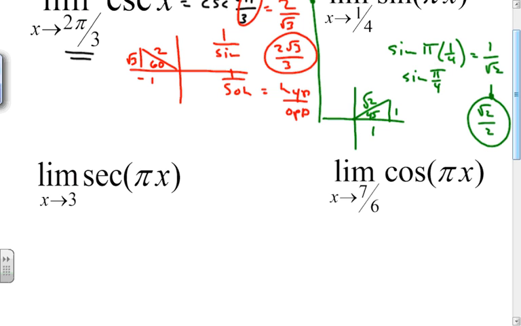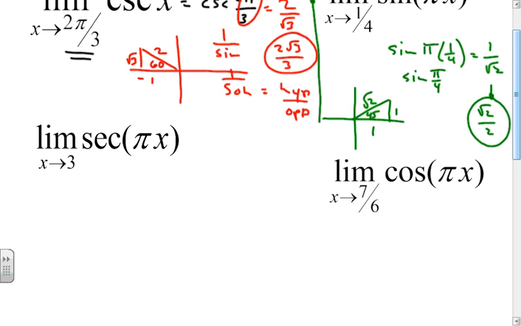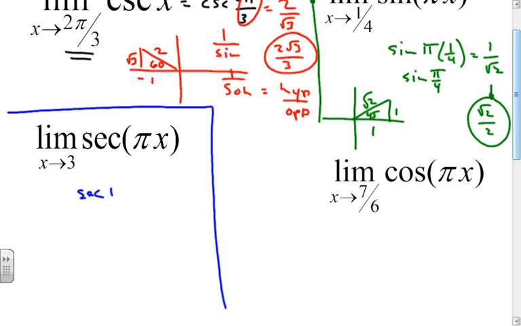The same thing applies when you have a problem like this. Let's say we have the limit of secant of pi x as x approaches 3. Well, we're going to take pi times 3. That's 3 pi. Secant is equal to 1 over cosine.